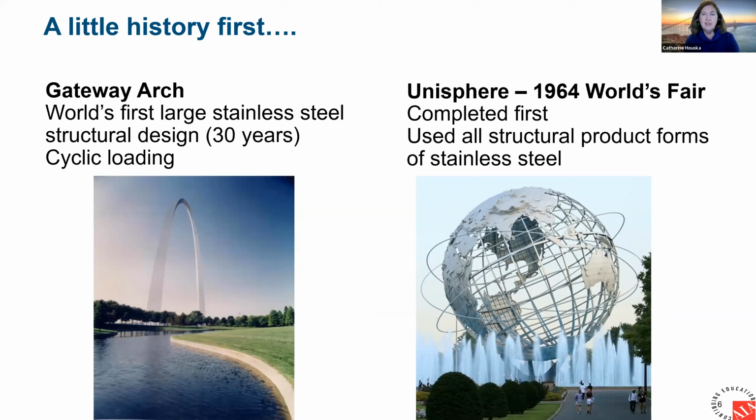You've probably seen it in a few movies, as it was blown up by aliens and all sorts of things. It's made a lot of cameo appearances, but it was built by the stainless steel industry for the World's Fair to show all the stainless steel product forms that were available in 1964 and promote stainless steel for structural design.